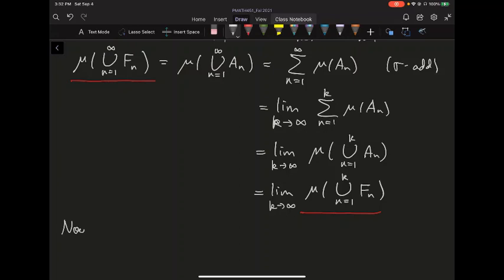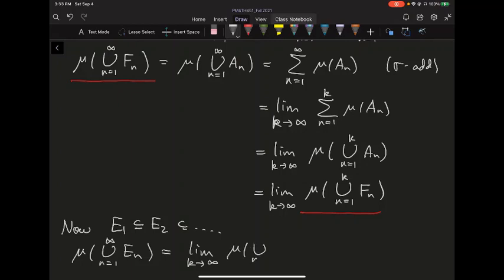So now suppose I have E1 contained in E2 and so on. Well, we can show that the union of these En is the limit of the first k finite union, as k goes to infinity.